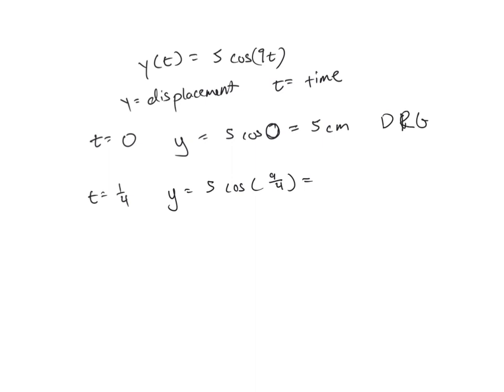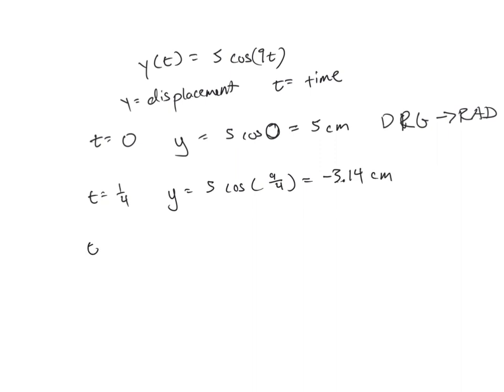Press the degree button. Make sure you switch it to radians. Otherwise, you're going to get the wrong answer because we want the cosine of the radian of 9/4 and not the degree of 9/4. And so that will give you negative 3.14 centimeters.